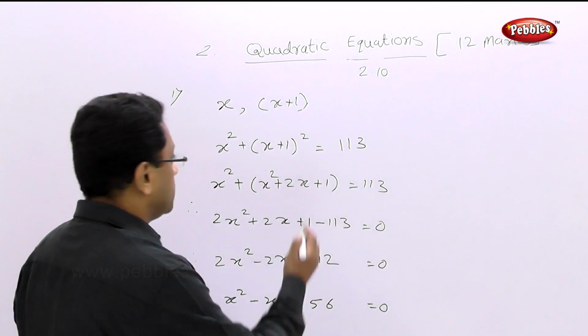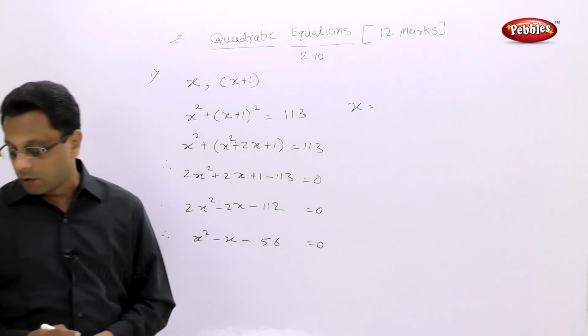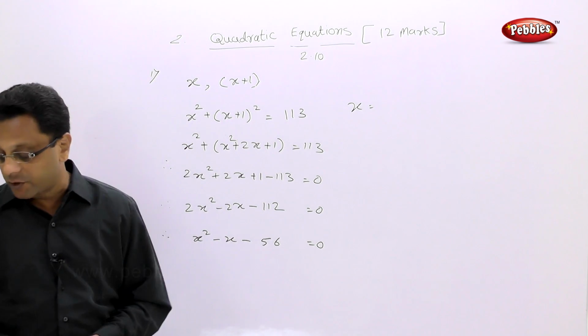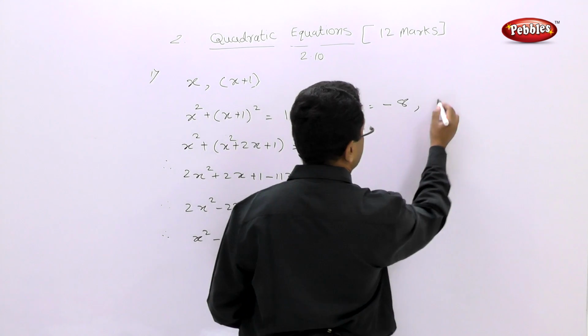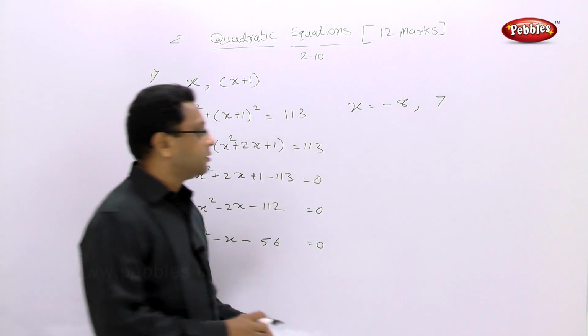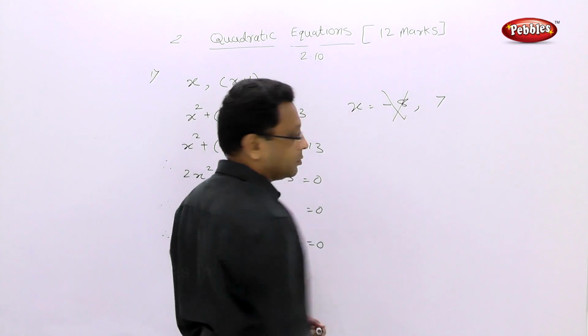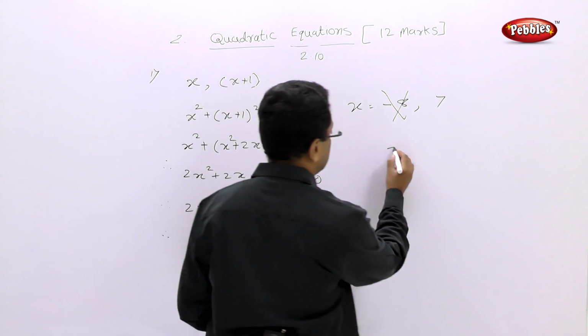The value of x we get by solving this quadratic equation is minus 8 and 7. Of course minus 8 is not a natural number, so we have to eliminate this, and our answer is 7.